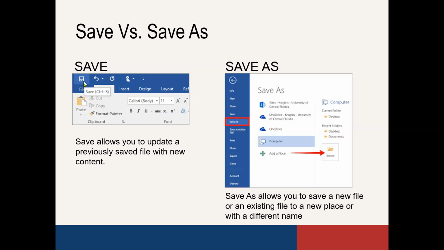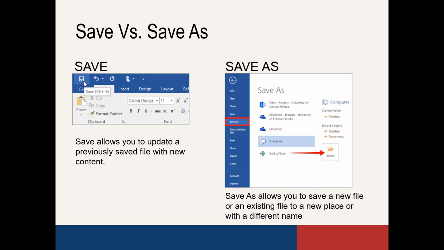But a lot of times you'll see just a little floppy disk, and that generally means just save, which allows you to update a previously saved file with new content. So let's say you just made an update of a date or a number or whatever, and you're just wanting to save your changes, if you will. And so the floppy disk would work for that.